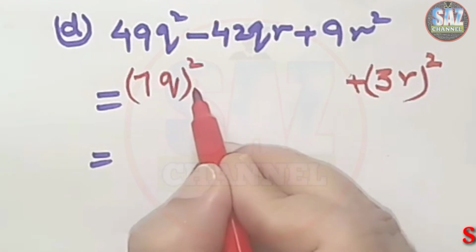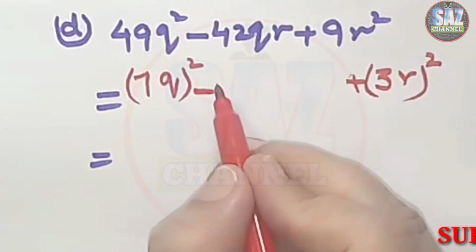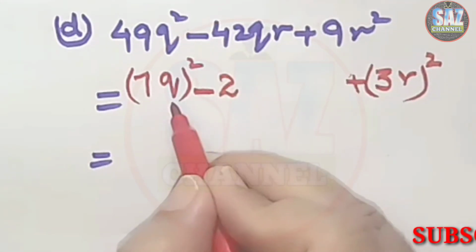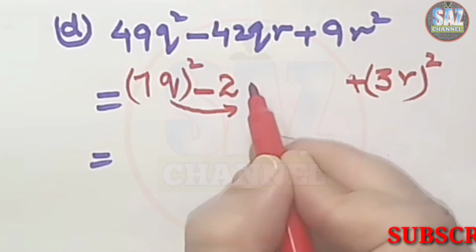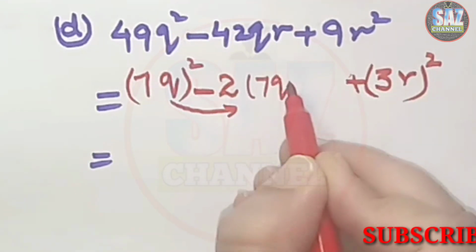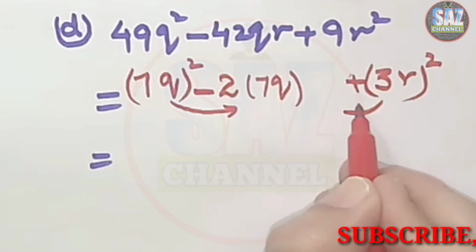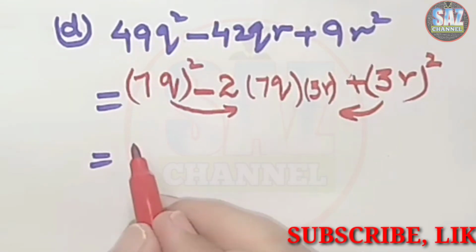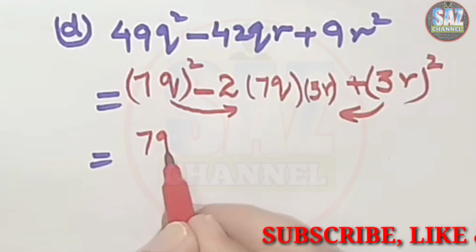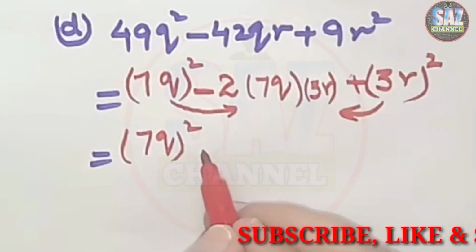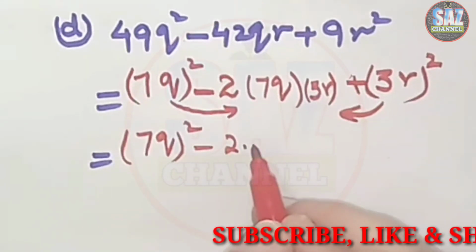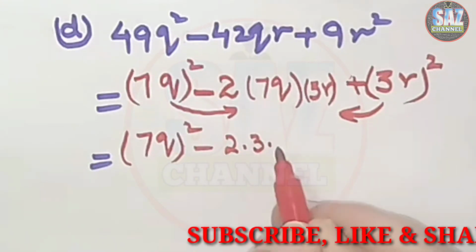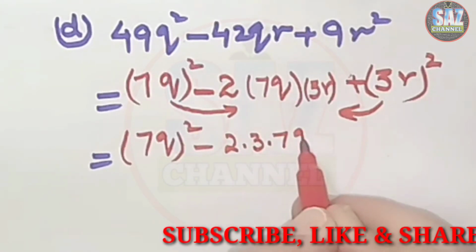Coming to the middle part, I have to mark the minus sign as it is. 2 from the identity, a is 7q, and b is 3r. So I can perform one more step, that's 7q whole square minus 2 into 3 into 7 into qr.